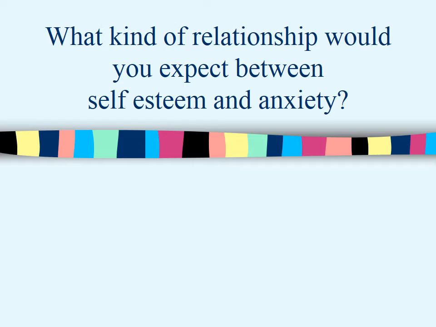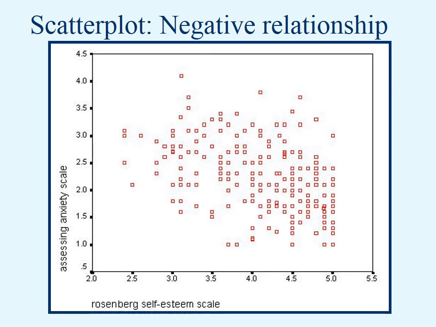Keeping that in mind, what kind of relationship would you expect to see between someone's self-esteem and their anxiety levels? A negative relationship. On this particular scatter plot, on the x-axis we can see the self-esteem scale, and on the y-axis we see the anxiety scale.